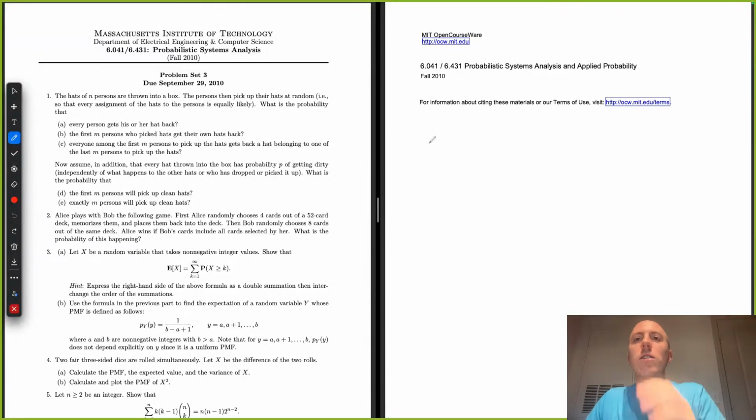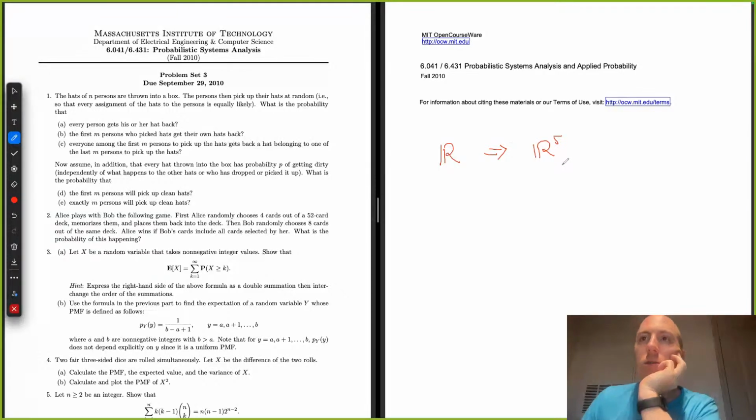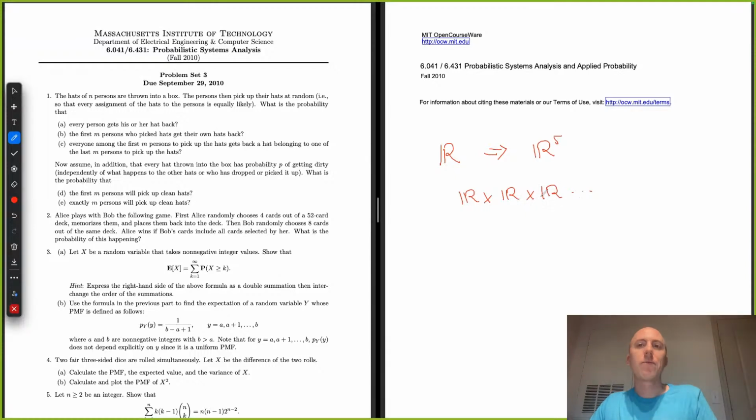You know how you say the real numbers, but then you can say R^5, which is the reals crossed with the reals crossed with the reals, up to 5. I'm trying to think if we can define our thing like that.